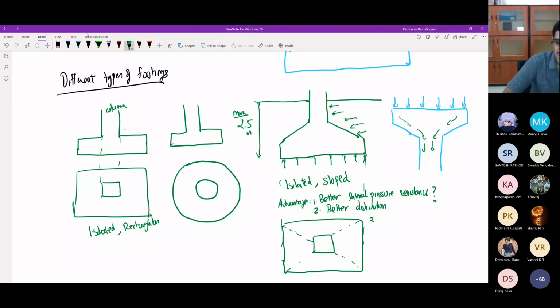So better shear resistance. Okay, good. This is a better answer. Better shear resistance, but you're still not at the main point. Better shear resistance is a definite advantage because you have greater depths at this point.